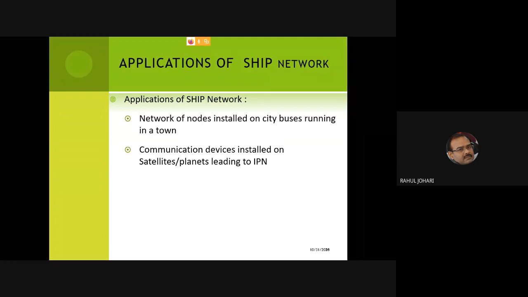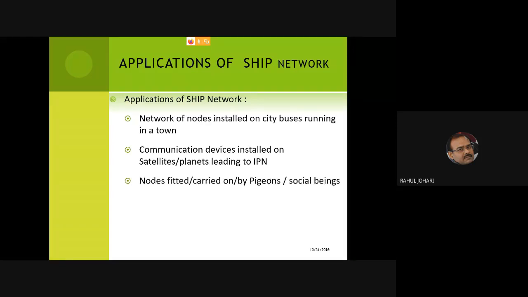If you just Google it, a very good project funded by NASA caters to this IPN phenomenon, the Interplanetary Internet Project. If you find students who are very good in astrophysics or physics and who like to work in these areas, maybe you can start a project in your own colleges associated with them. A lot of videos are already available on the NASA site that talk of how to carry out this kind of communication.